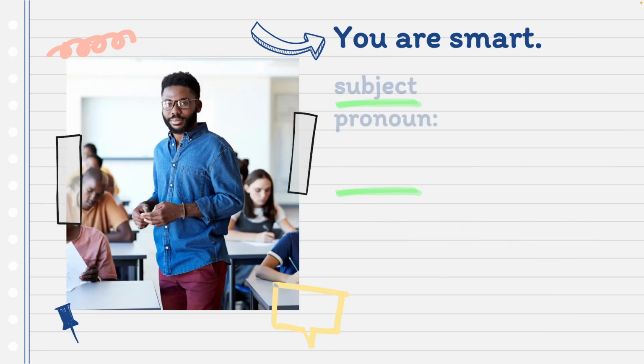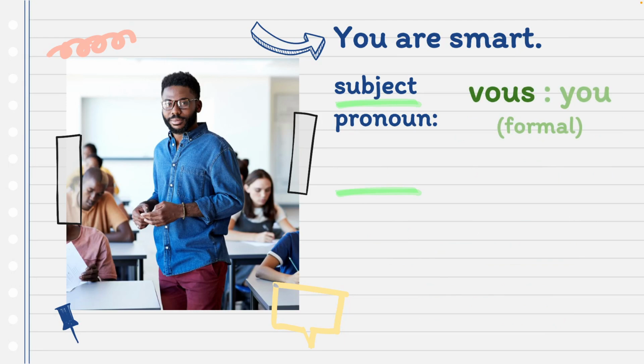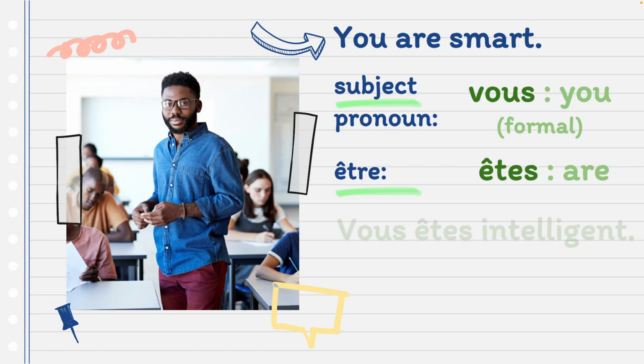You are smart. Let's use the formal pronoun for you, which is vous. The form of the verb être that goes with vous is êtes. We don't pronounce the S. When they're combined side by side, we can say the S on vous, so it comes out as vous êtes.